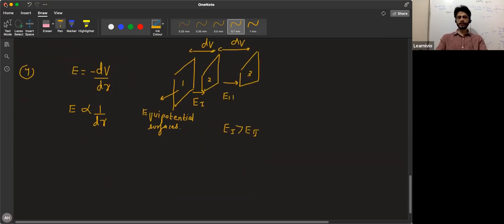So you can say that in region of stronger field, surfaces are closer.